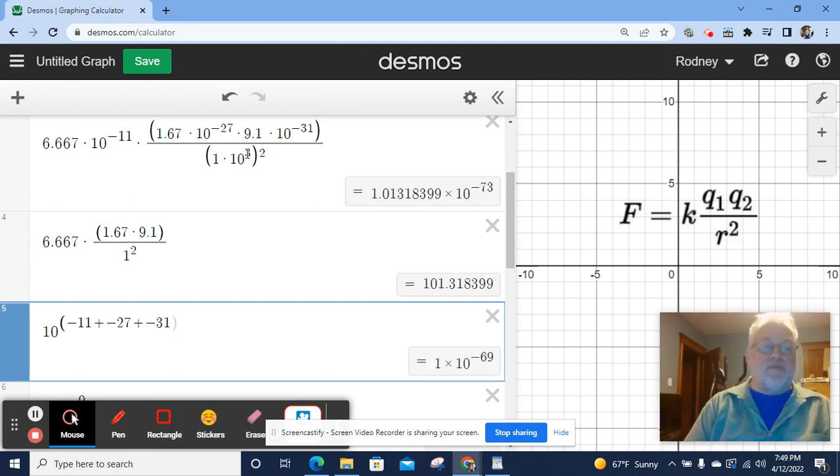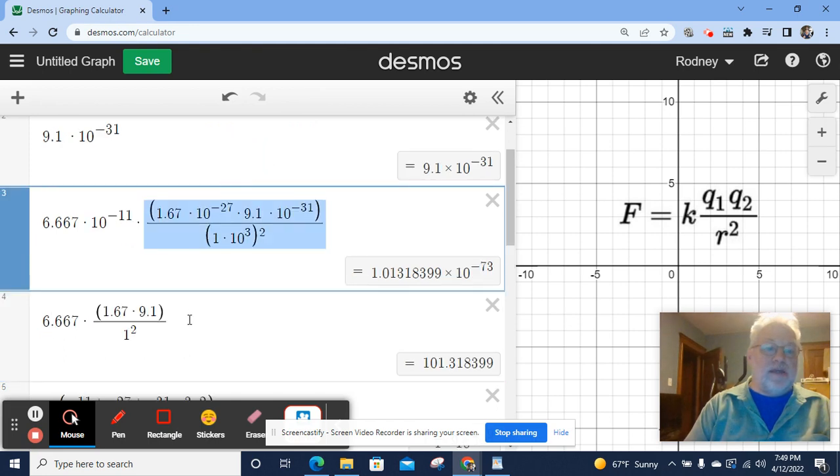And then I'm going to subtract the power in the denominator, which is 10 to the third to the second. So I'm going to say minus 3 times 2, because I need to multiply those since it's a power raised to a power. I can do all of this because it's all the same base. 10 is the base in all of these cases.